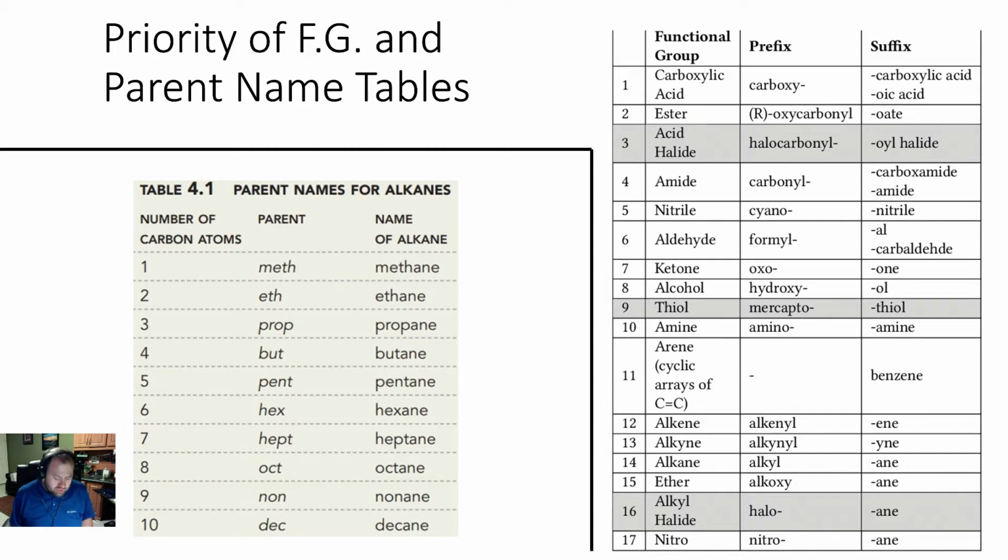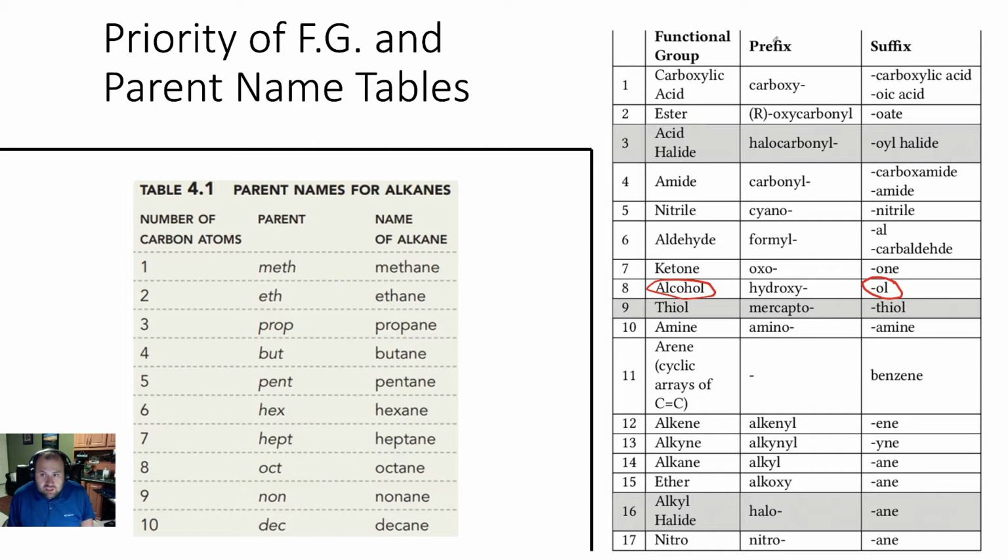Really what we're going to focus on is, this semester you just have to be familiar with alcohols, and really the ending where they're acting as the suffix or the main priority functional group.